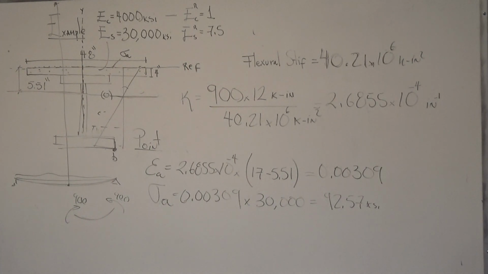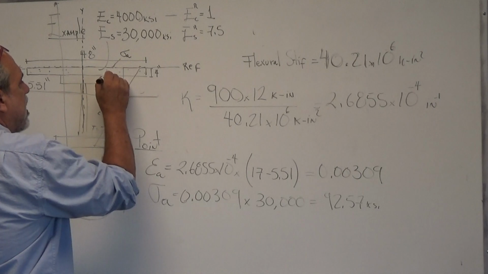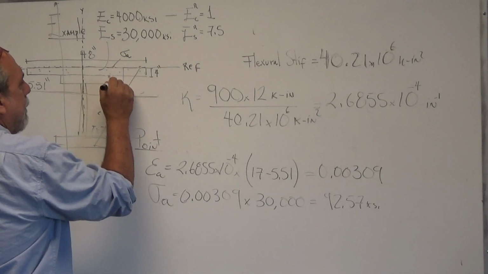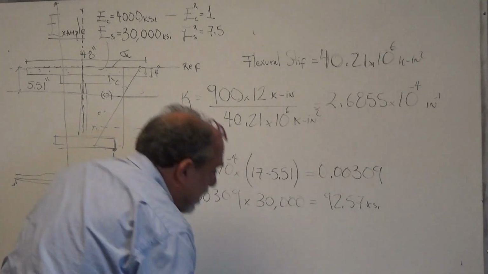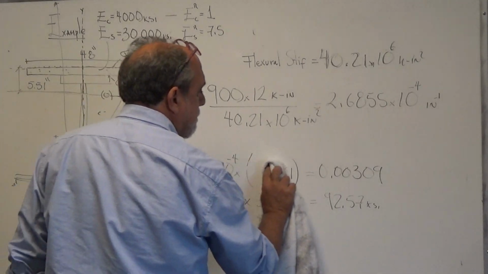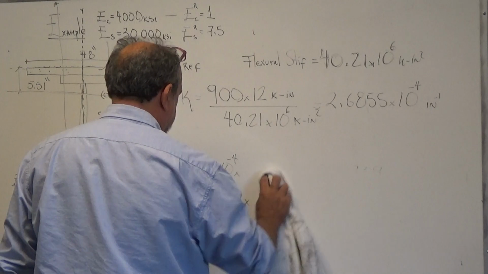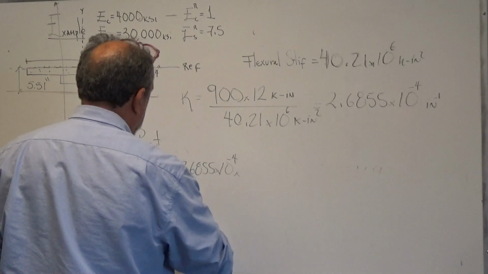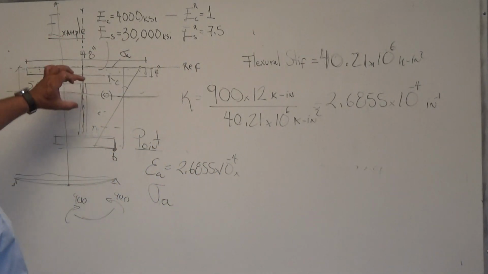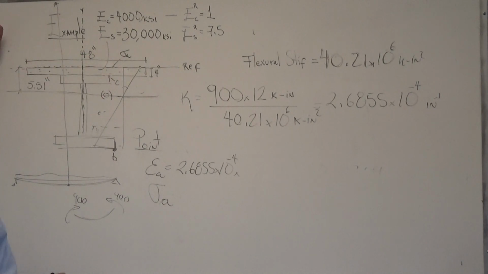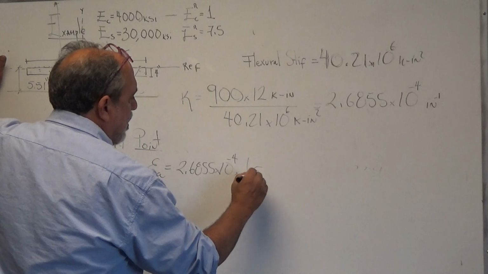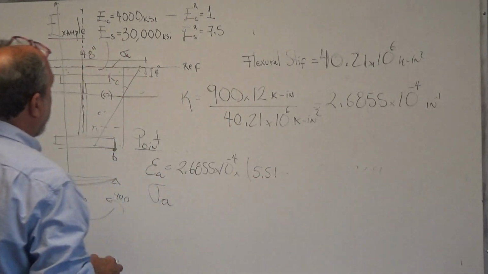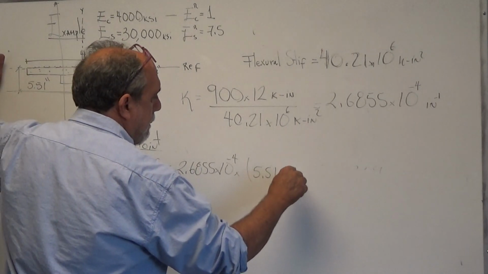Now finally, point C was here. And so point C, which is in the steel section, but here the distance would be 5.51 minus 4, right?